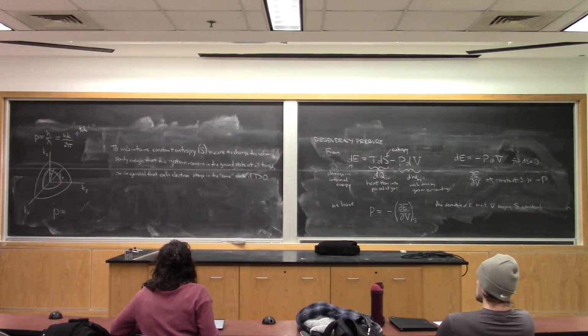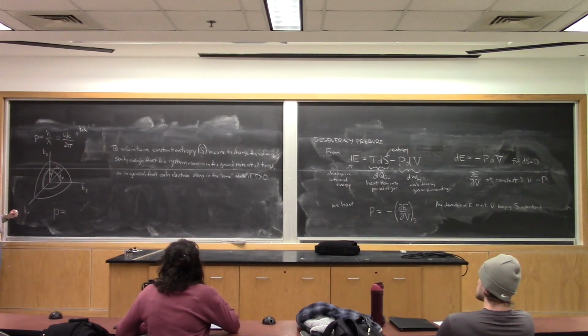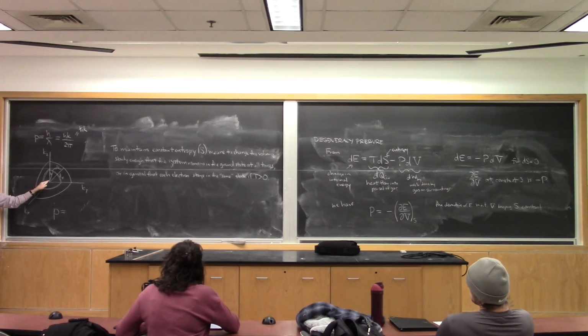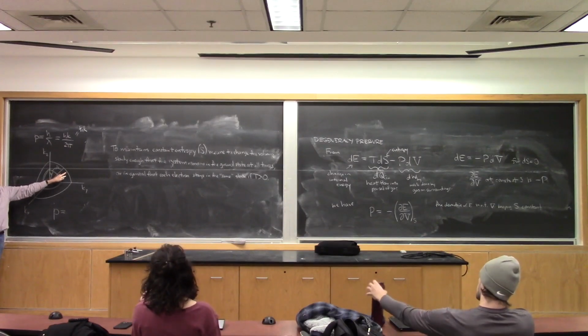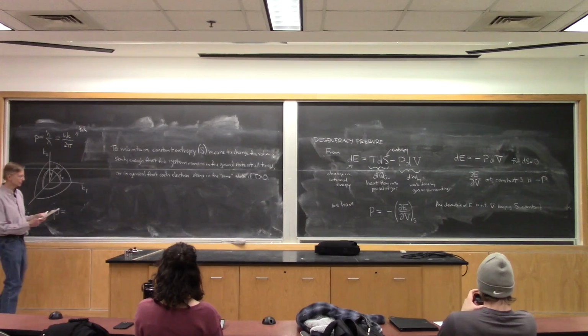I'm going to call that dk. I'm going to say, what's the energy added up of all the particles in that little shell? And I'm going to add up all the shells from k equals 0 out to k equals k Fermi. I'm going to do this integral, and that will be the total energy.